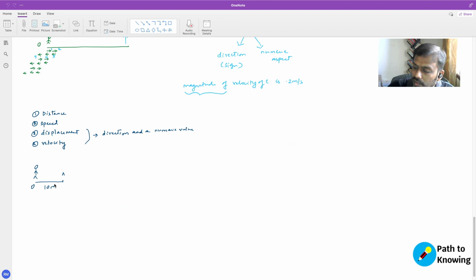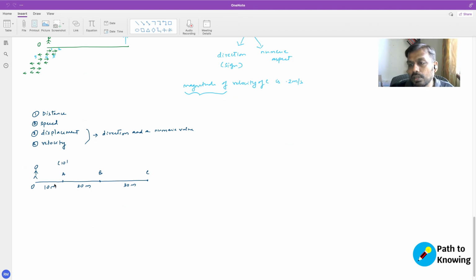In the next 10 seconds, he is able to cover 20 meters, and in the next 10 seconds he is able to cover 30 meters. So this is on the 10th second, this is on the 20th second, and this is on the 30th second.